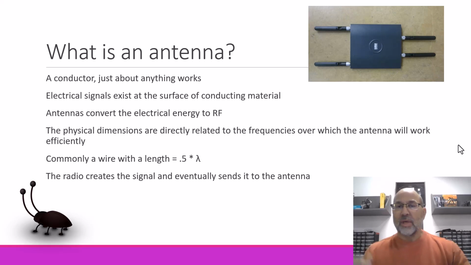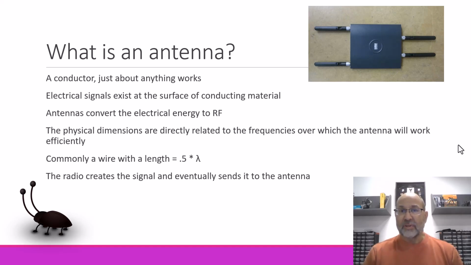Now, antennas are actually kind of magic too, because through the mystical magical property of skin effect, we take a radio, which is an electrical device, and we generate a signal. So the radio generates the signal and sends it out to a wire, and mystically, magically, that signal is propagated through the air.